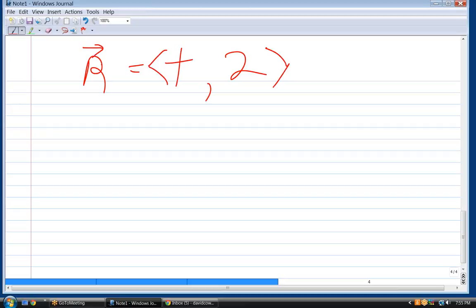So it's T, and then the second one, T plus 2. Okay. And then it says S equals 3, negative 4.